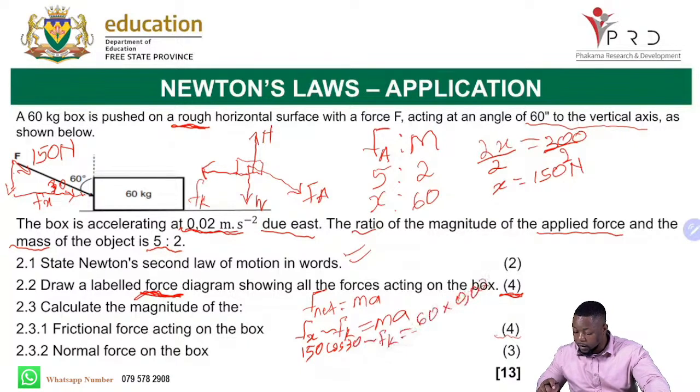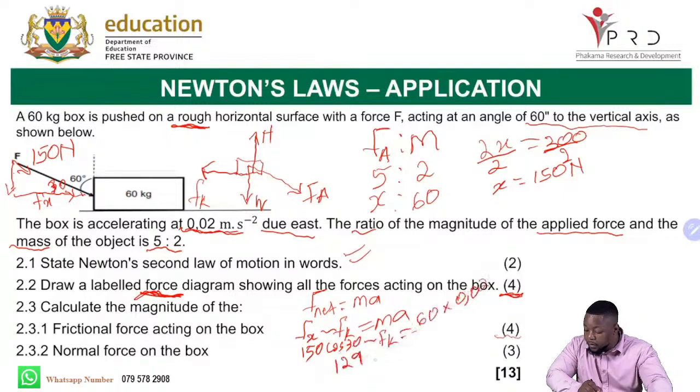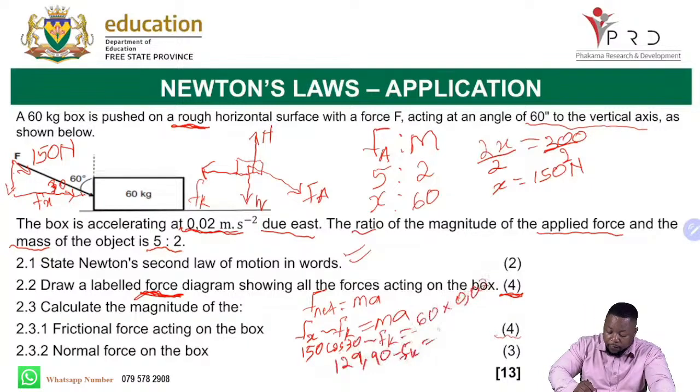If we work with those numbers, we can calculate what the examiner is looking for. 150 cos 30 gives 129.90 minus Fk, and then we also multiply the 60 by 0.02, the acceleration that is given, which gives 1.2.